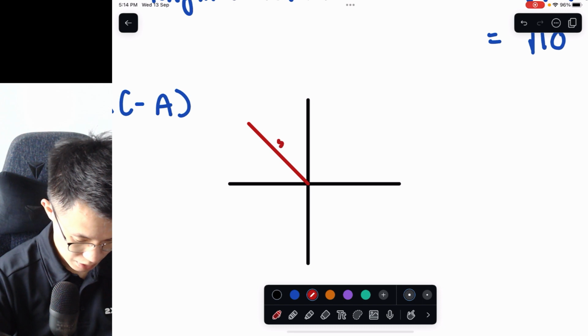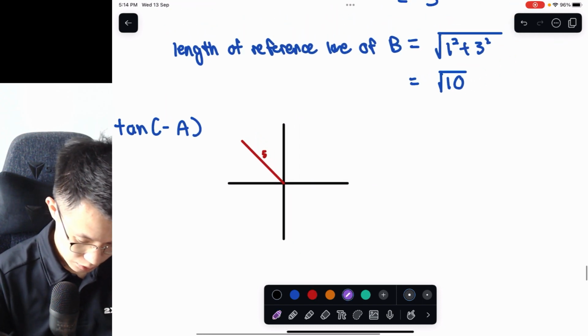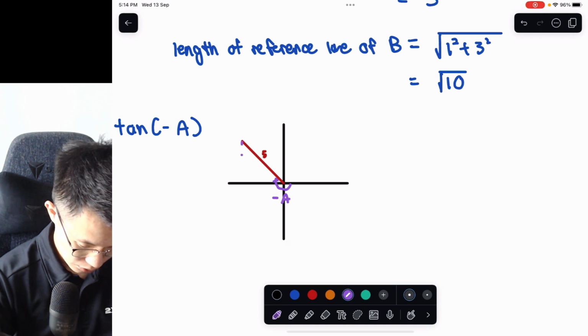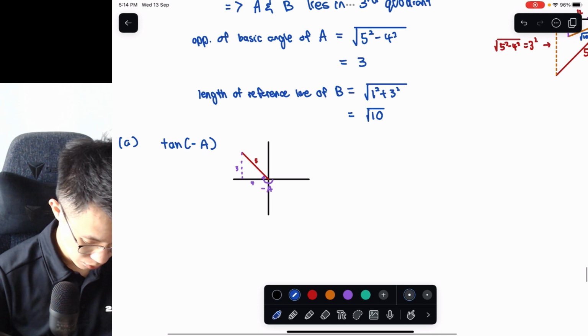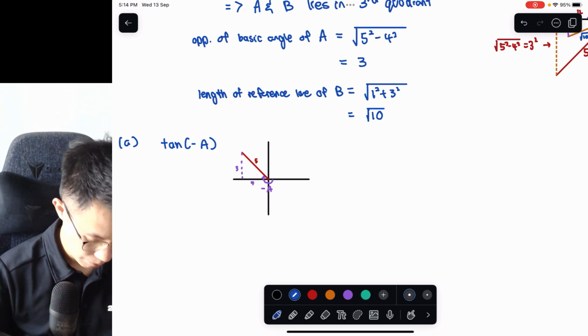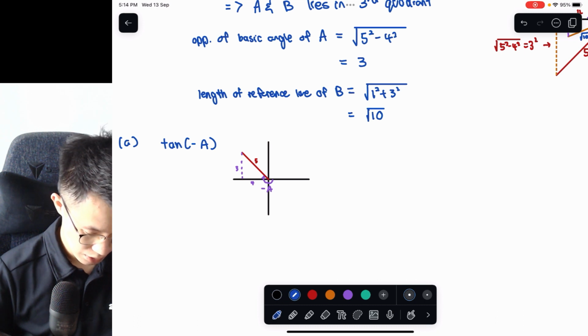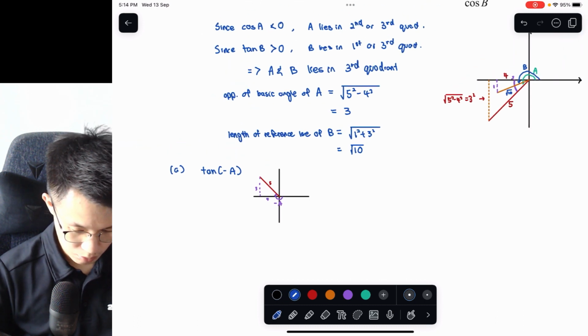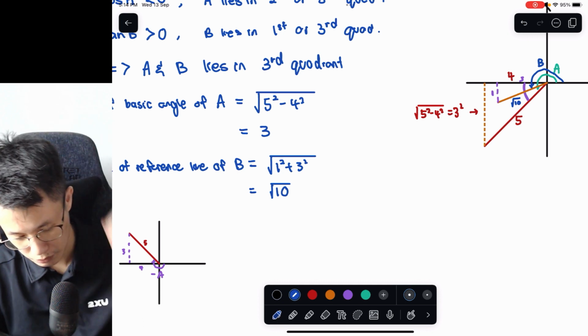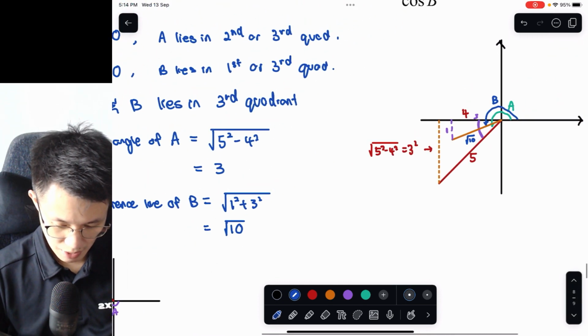Right, if it's a mirror image, this would be 5. This is negative A, right? And so here will be 4 and here will be 3. So we know that this lies in the second quadrant now. So negative A lies in the second quadrant, and hence the answer is going to be based on the basic angle over here. Let's call the basic angle alpha.